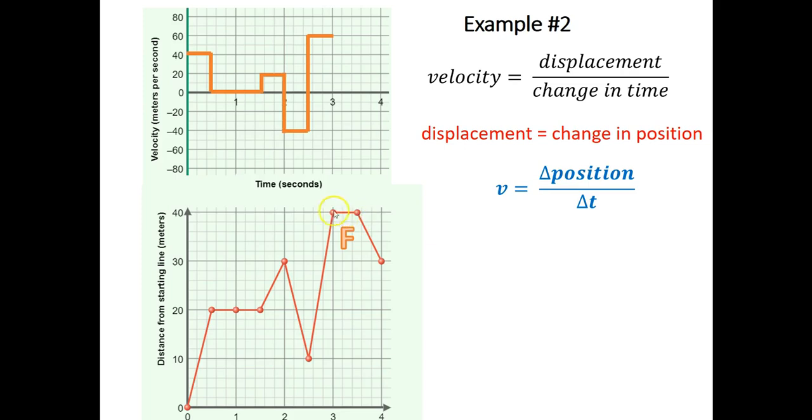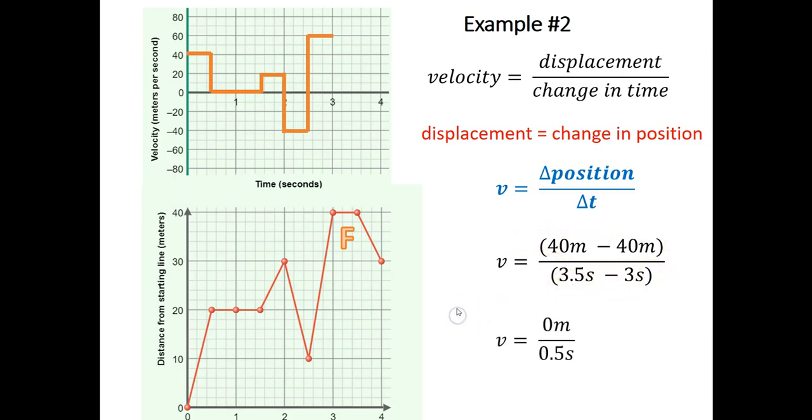The next section, F, again, still only 1/2 a second, but we've stopped moving. Our ending position is 40, our starting position is 40. So 40 minus 40 divided by 3.5 minus 3, 0 over 1/2 second is still 0, so 0 meters per second from 3 to 3.5.